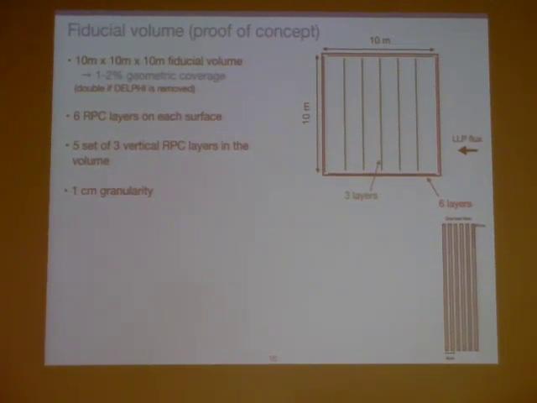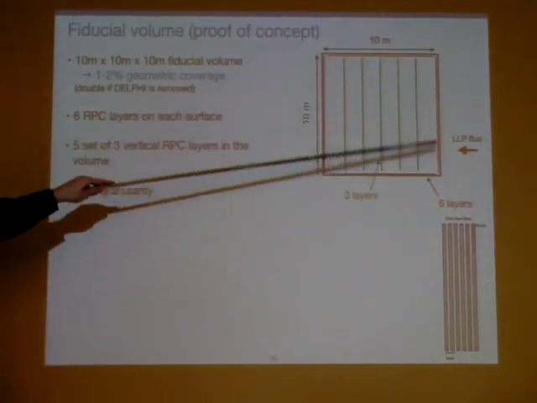The size of the detector we have in mind is something like 10 by 10 by 10 meters, which for the location that we're exploring is about 1 to 2% of geometric acceptance. The geometric coverage is not great, but it's a relatively small volume compared to something like Tuzla, which is the size of an IKEA. What we propose is to instrument all the surfaces.